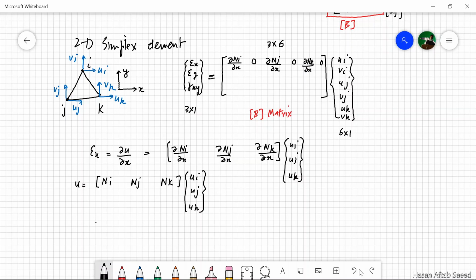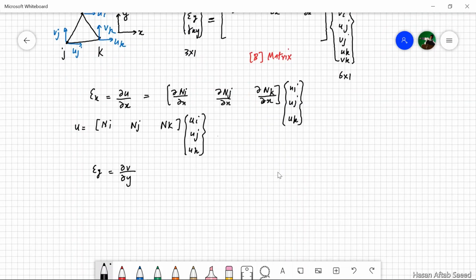So what about epsilon y? Epsilon y again, from its definition, is partial v over partial y. Recall the expression for v for a simplex element. Again, it is very similar to the above one, Ni, Nj, Nk. Now this time this is vi, vj, and vk. This is the interpolation function.